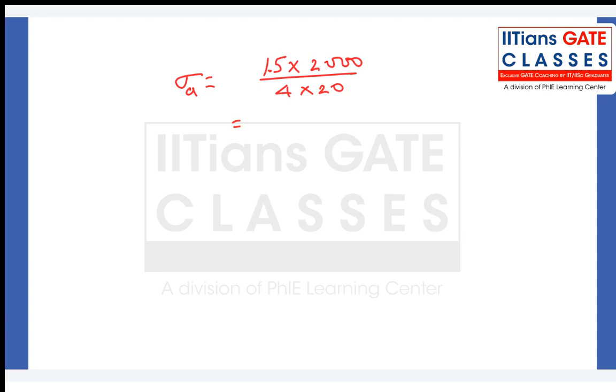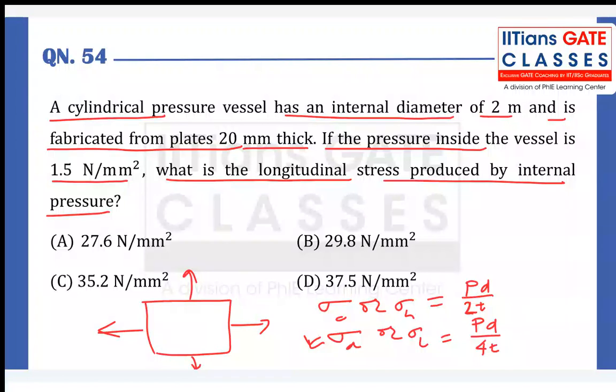The answer is 37.5 Newton per mm square. Is it correct?